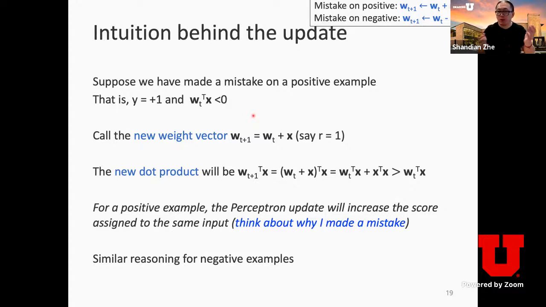If your mistake is because your prediction score is too low, then the update guarantees that the prediction score after the update gets increased, so that you have a chance to correct your mistake.